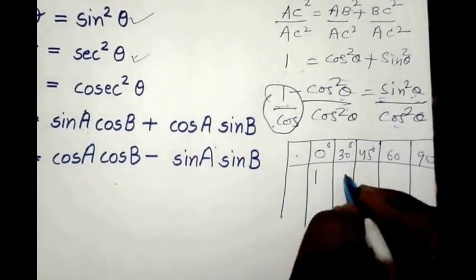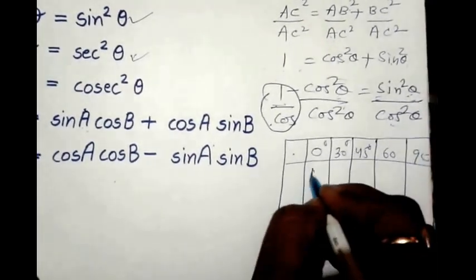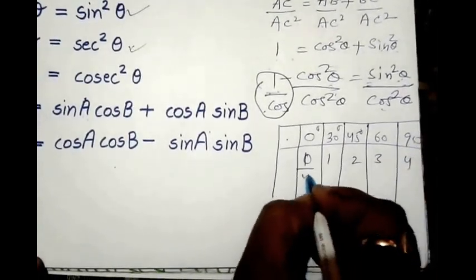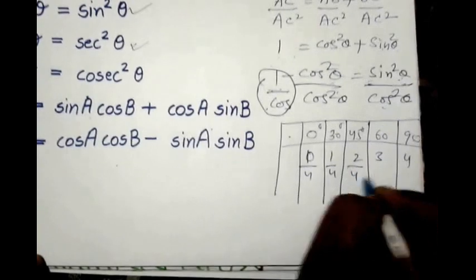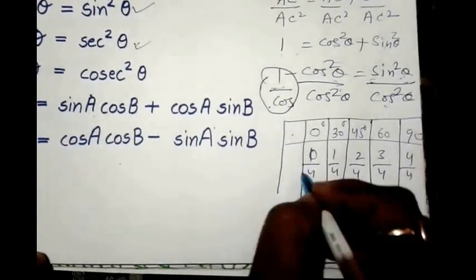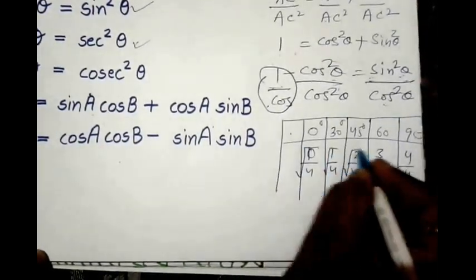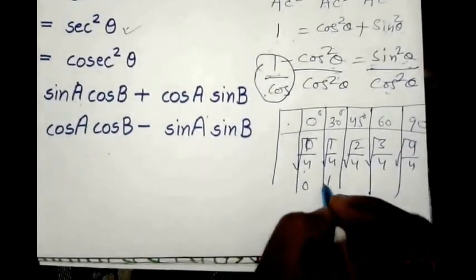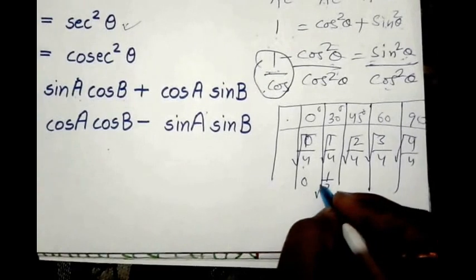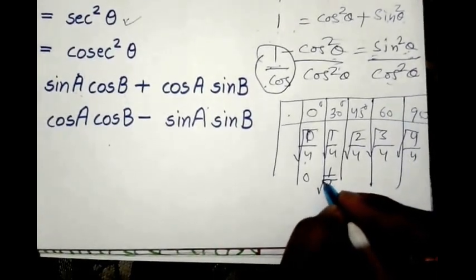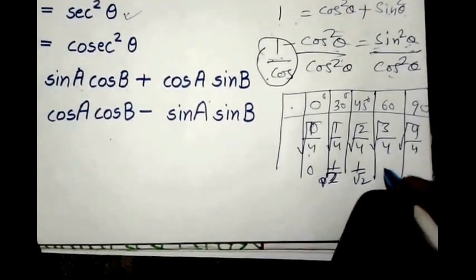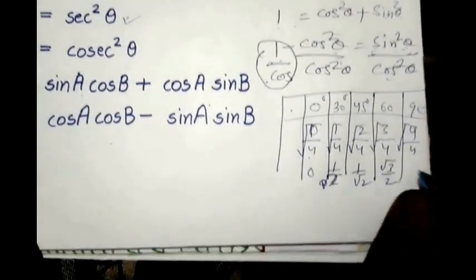Do you remember how we made that? 0, 1, 2, 3, 4, each divided by 4, and then the square root. So the values are 0, 1 upon 2, 1 upon root 2, root 3 by 2, and 1.